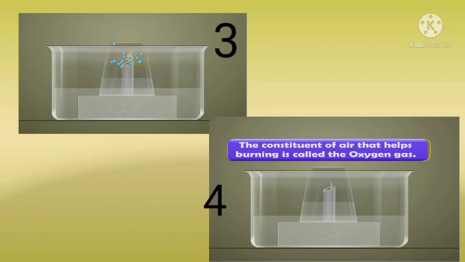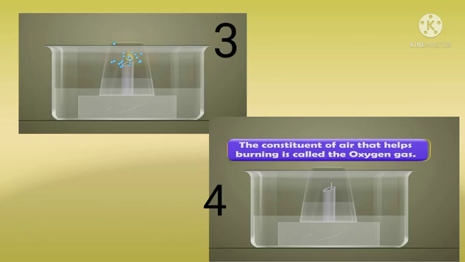Why does this happen? One of the constituents of air helps burning. As it gets used up, water rises in the tumbler. When that constituent is finished, the candle goes out and the water level too stops rising.